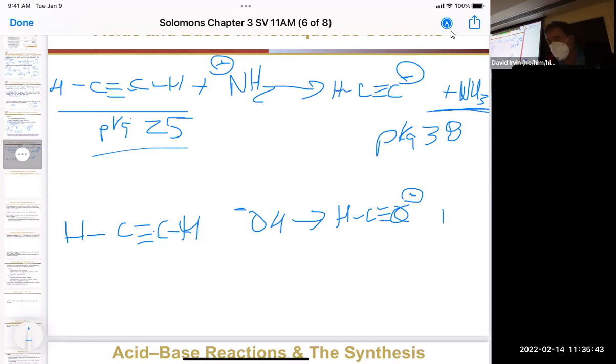So it'd be H2O, and the pKa of H2O is 15. The pKa of the acetylene is still 25, which is the stronger acid? The water. So is this reaction going to go? No. Hydroxide is not a strong enough base to get the reaction to go.